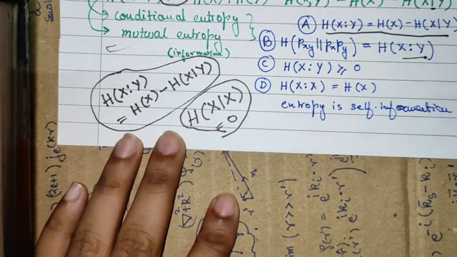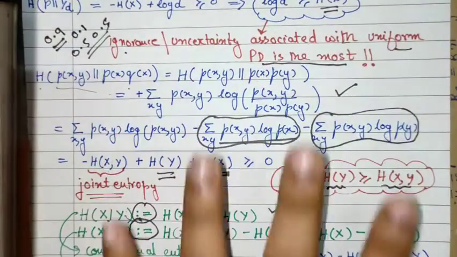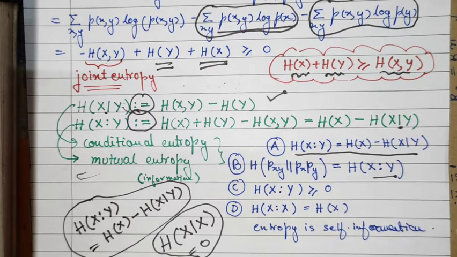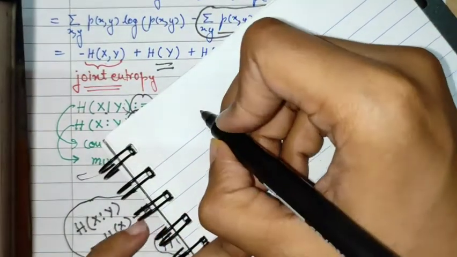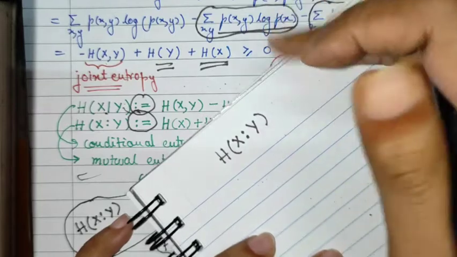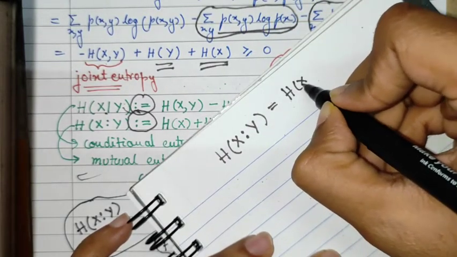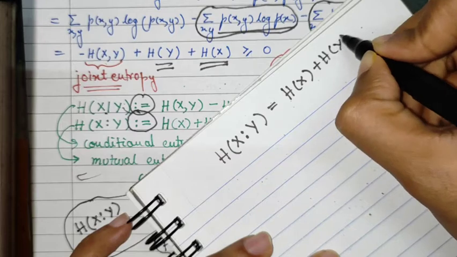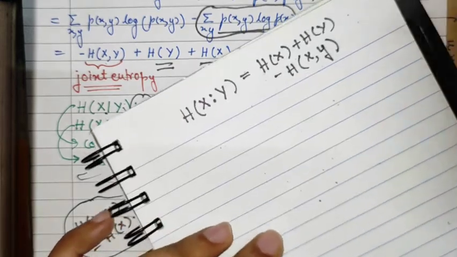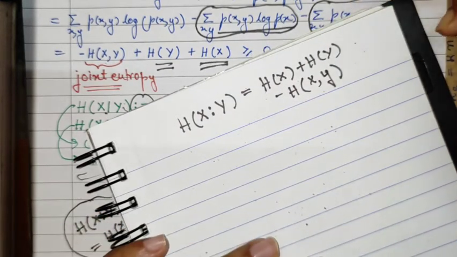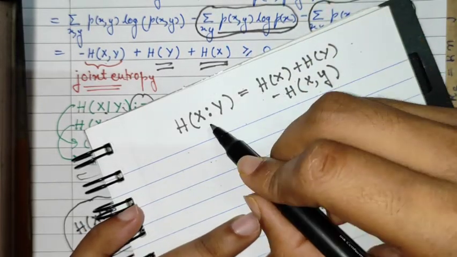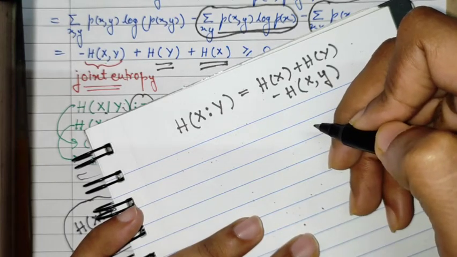So maybe I will just explain it in a better way. So let's see. The mutual entropy I(x;y) is defined to be H(x) plus H(y) minus H(x,y). It says what is the information gained, and we can formulate it in terms of uncertainty.